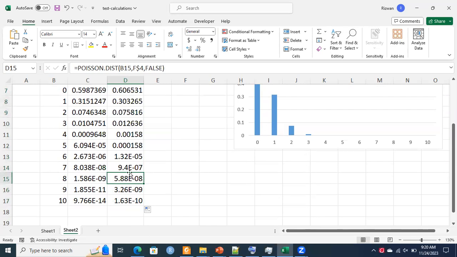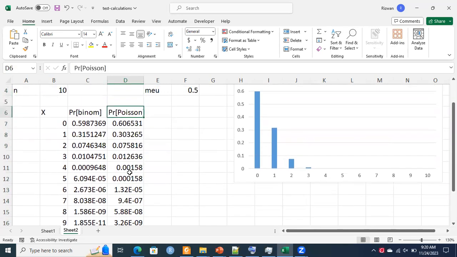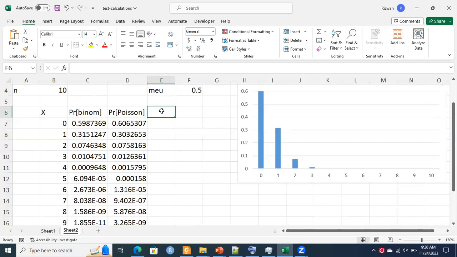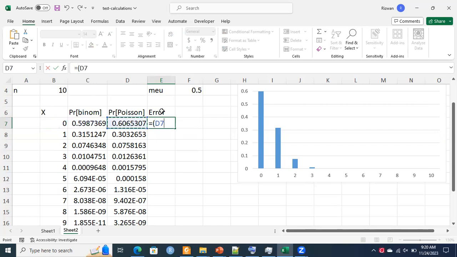You can see that the numbers are close, but seeing is believing, so to generate the numbers, let's generate the error estimate. The problem was from the binomial distribution from a fundamental point of view. However, mathematically it can be computed by the Poisson expression. So I take the estimated value minus the exact value.